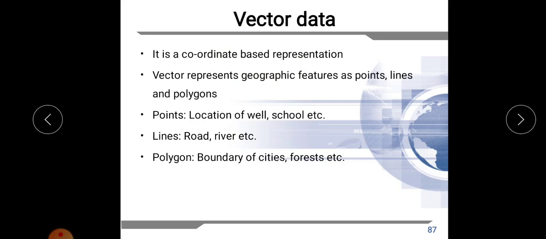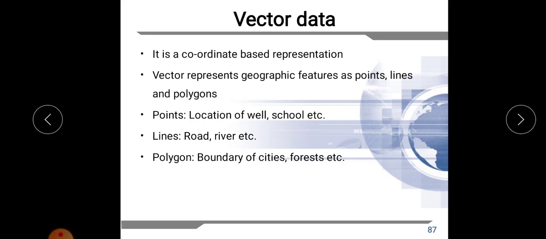So vector data is a coordinate based representation, and this represents geographic features. That is, in vector data representation, geographic features are represented as points, lines and polygons. Points: if we want to locate some well, schools, buildings, etc., we can represent it as point data.